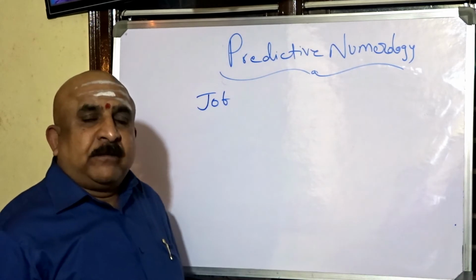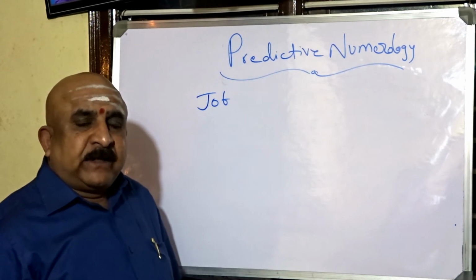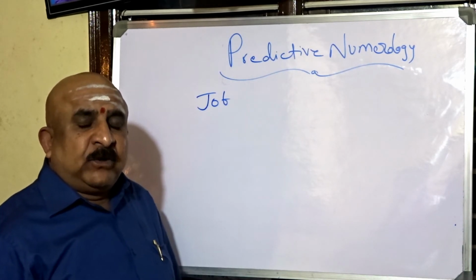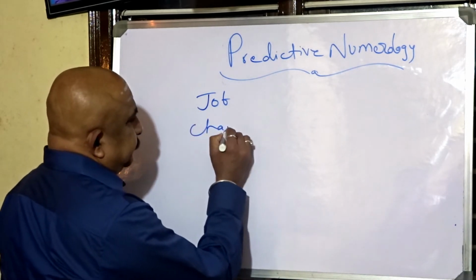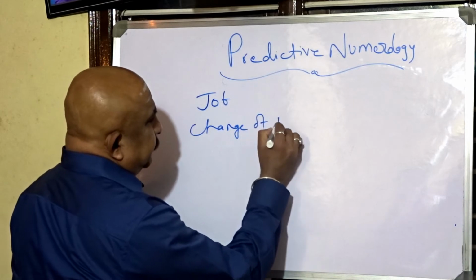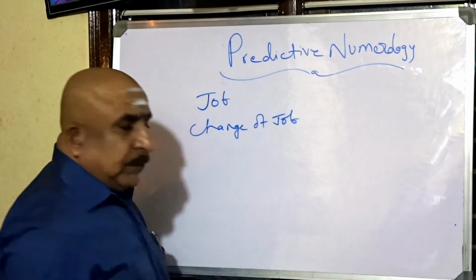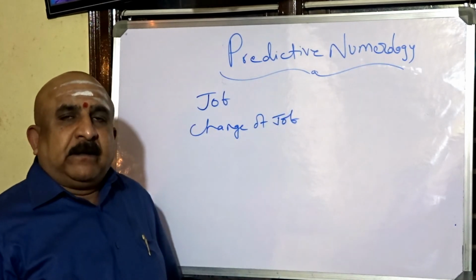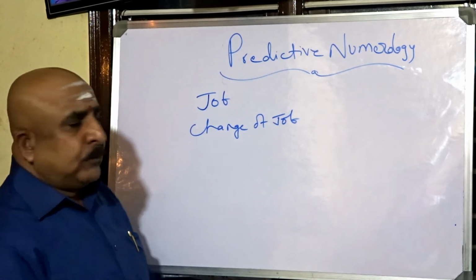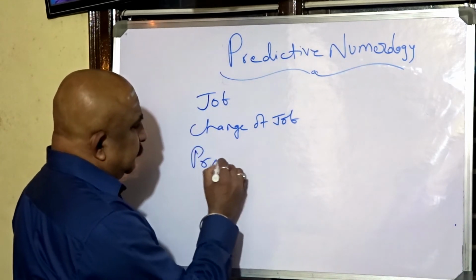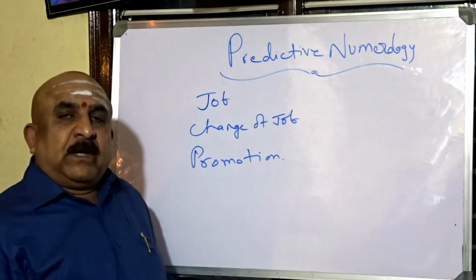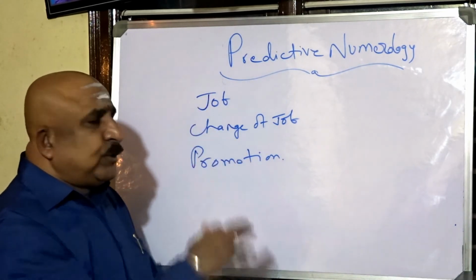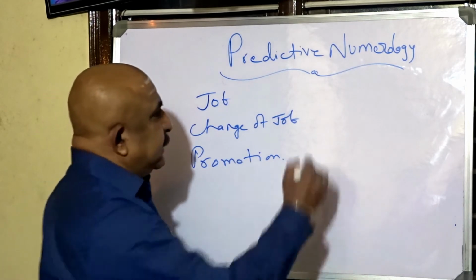If he is having a job and it is not a satisfactory job, he will be worried about the change of job. If he is satisfied, he will be worried about the promotion. So these are the patterns of a job.